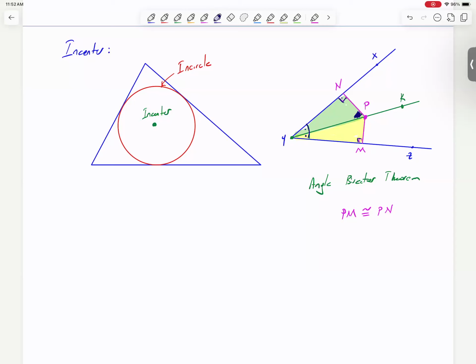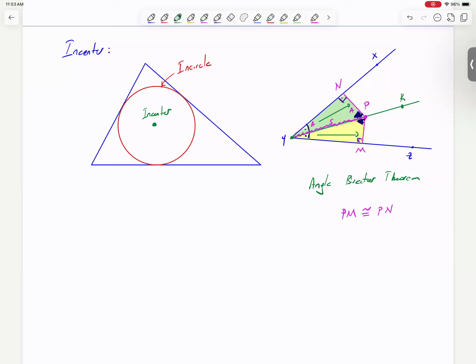Since these two right triangles share the hypotenuse, from angle-side-angle congruency, the two triangles must be congruent. Then corresponding parts of congruent triangles are congruent, and NP corresponds in the green triangle to PM. So these two line segments must be congruent.